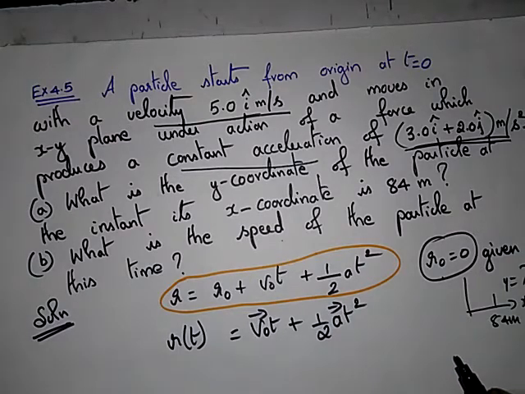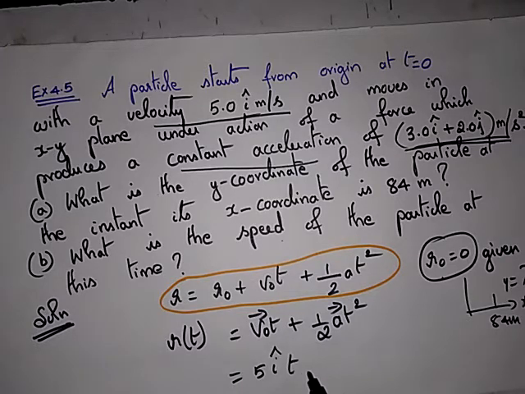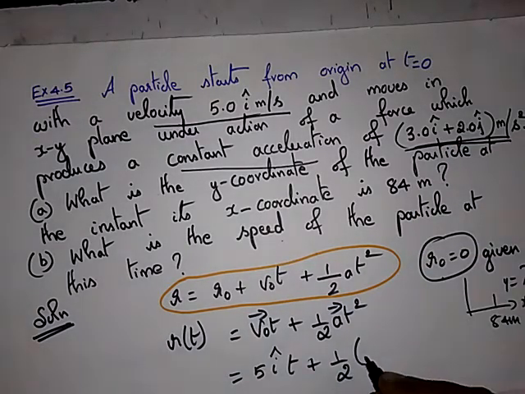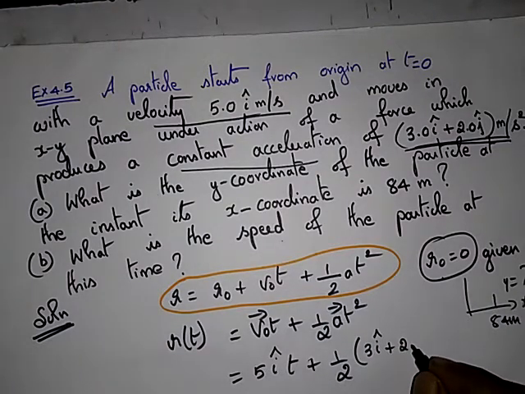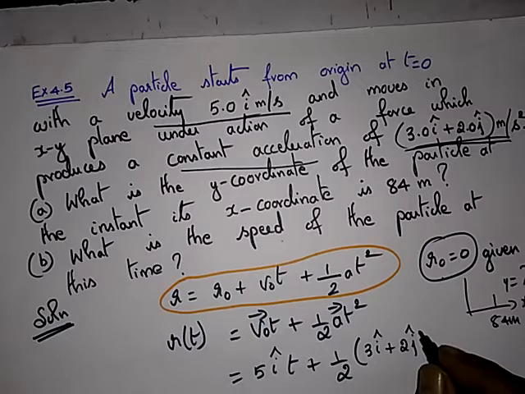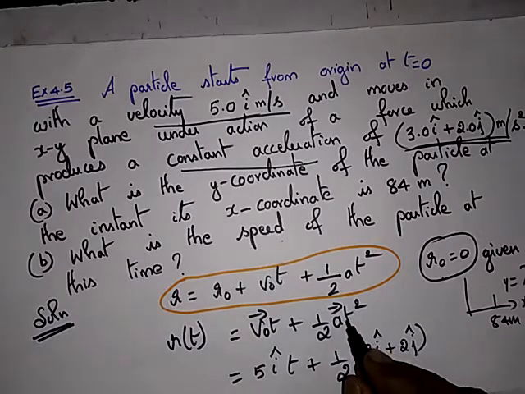Now we have to substitute the value for v naught, which is 5 i cap, into t. Then plus the acceleration given here, which is 3 i cap plus 2 j cap, this a value, into t square.